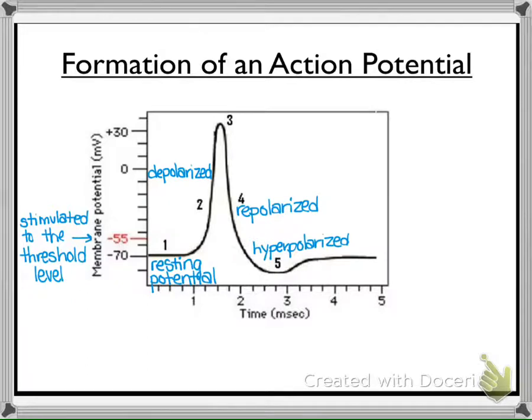Well, it turns out that during hyperpolarization, when the axon here is too negative, it's actually not very easy, in fact, it's basically impossible to stimulate the nerve again until it's got back up to resting potential over here. And this period of time when the neuron cannot be stimulated is called the refractory period.